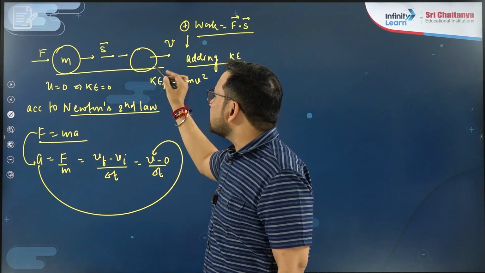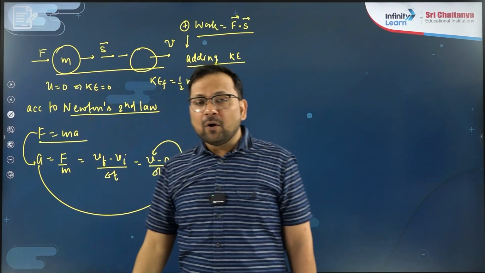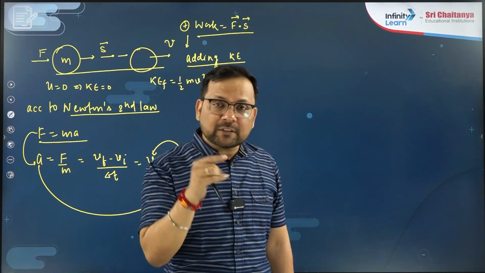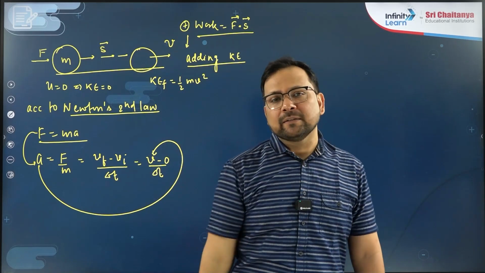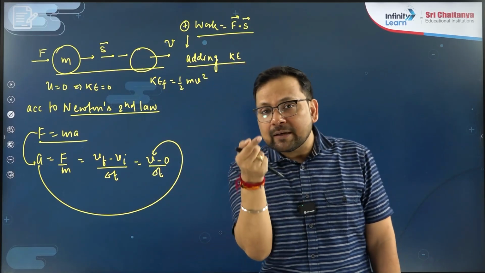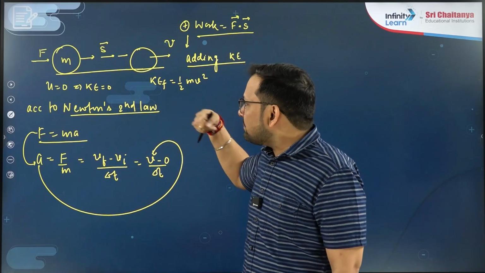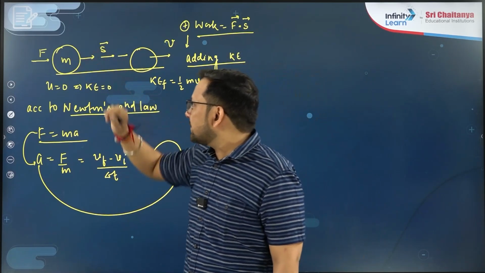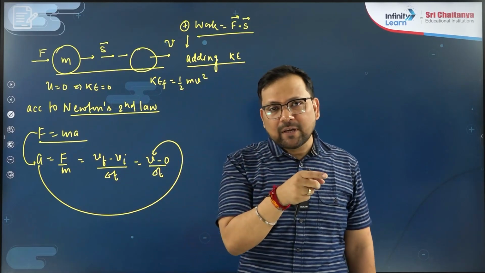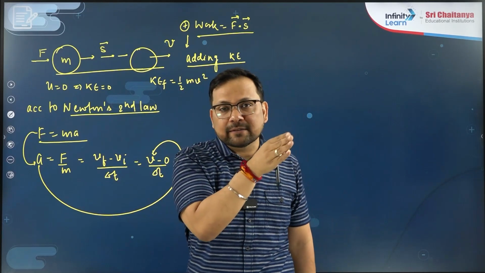So kinetic energy is added by the force. How? Force caused work, and that positive work added the kinetic energy. It means kinetic energy is being changed. So the entire mechanism is what? You are applying the force, force is causing the work, and work is changing the kinetic energy.